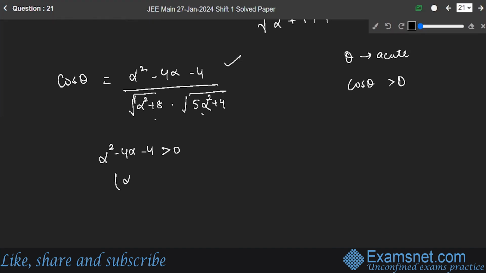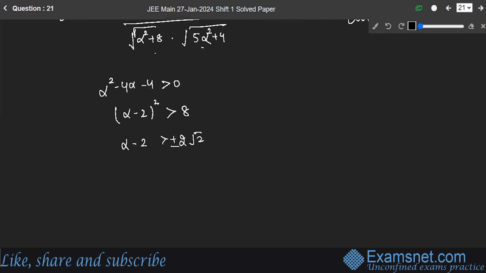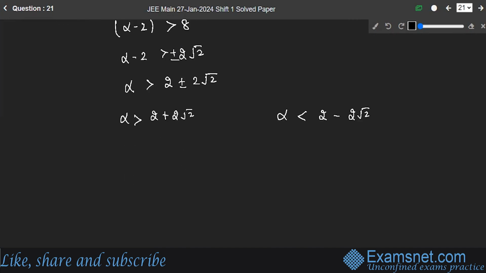So this will be alpha minus 2 whole squared greater than 8, adding 8 on both sides. And you will have alpha minus 2 greater than 2 root 2, with plus or minus. From here you will have alpha greater than 2 plus 2 root 2 and alpha less than 2 minus 2 root 2.